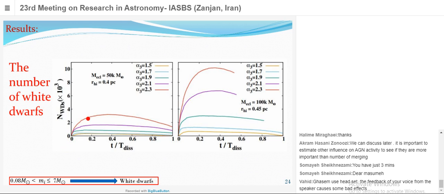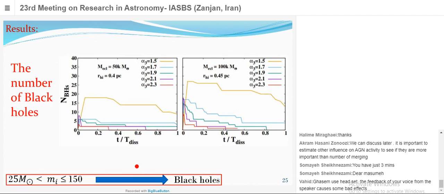The number of white dwarfs for canonical models is higher than for top-heavy models. Also here you can see the number of neutron stars. The number of neutron stars for top-heavy models is higher. The number of black holes for top-heavy models is higher than for the canonical models.